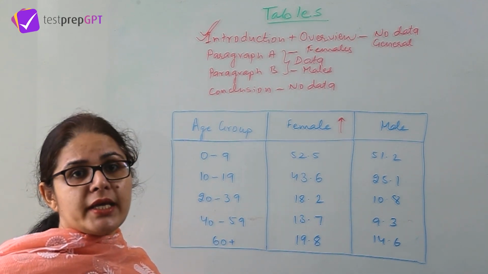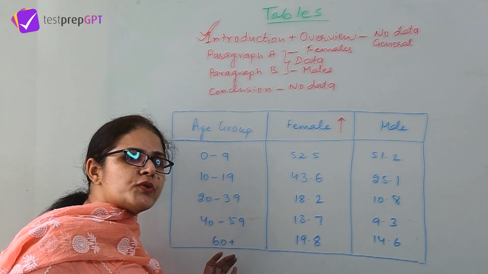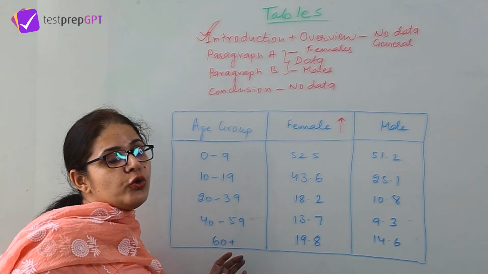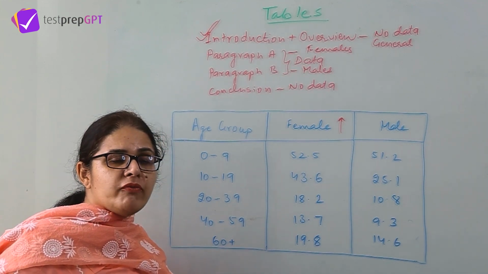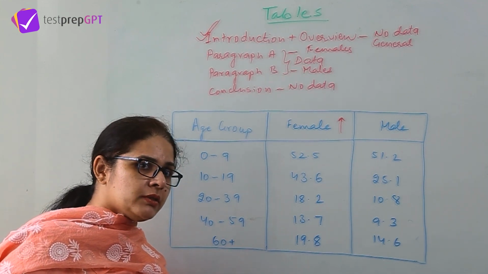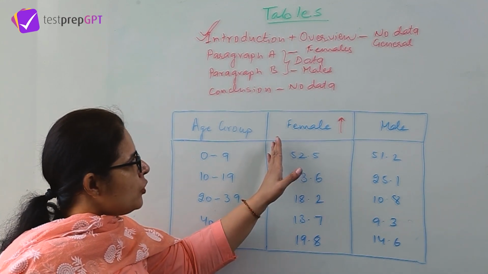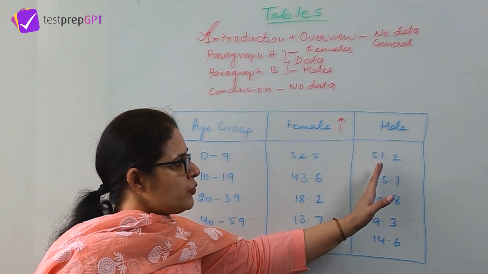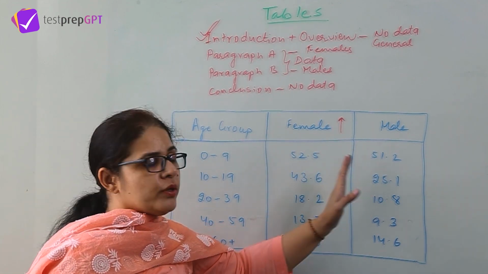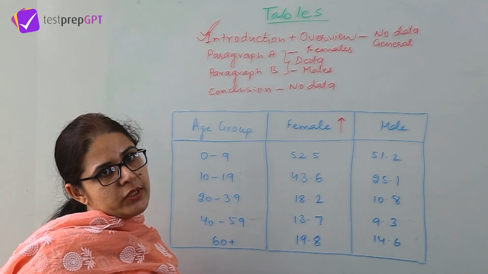You can say at the end, considering all age groups, or from the above analysis, it is evident, or in conclusion, more females as compared to their counterparts rode a bicycle in the town of Chandigarh in 2019.